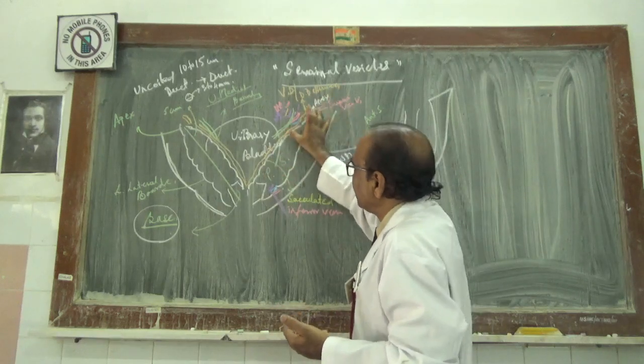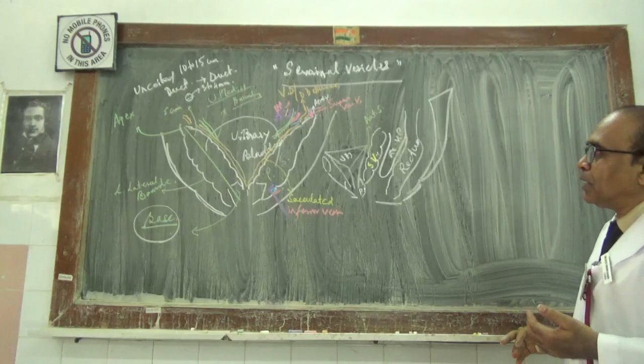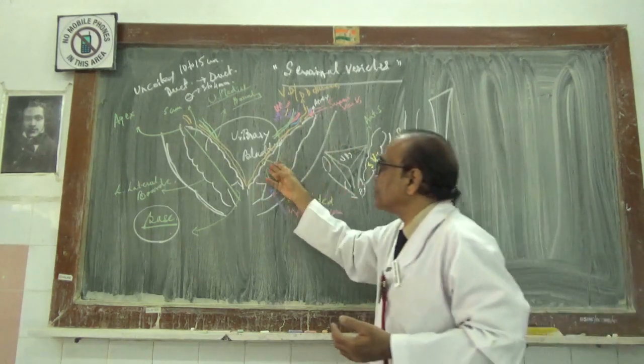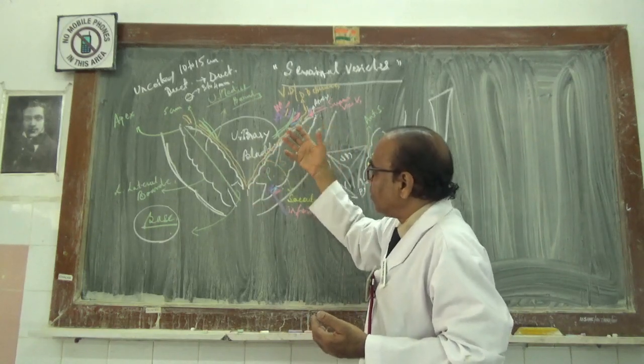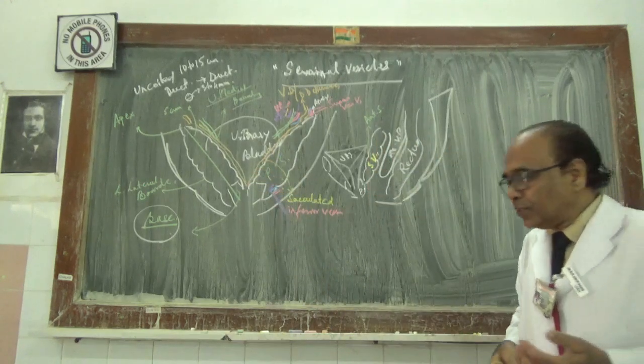At the level of the upper lateral portion of the upper medial border, while the lower part of this upper medial border is related to only the ductus deferens.